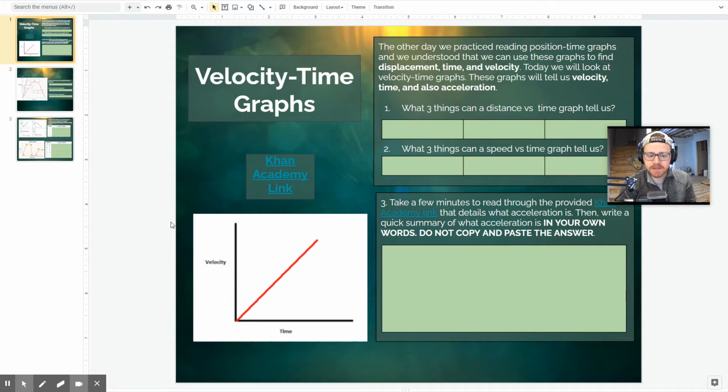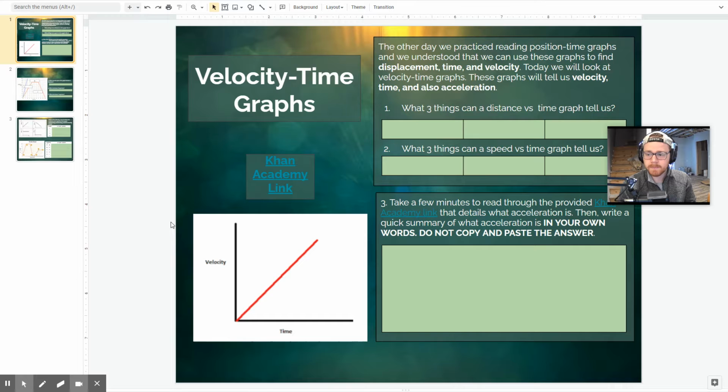It's not too different for velocity time graphs. Time is on the x-axis because it's still the manipulated variable. Velocity is the responding variable here, where displacement was on position time graphs.